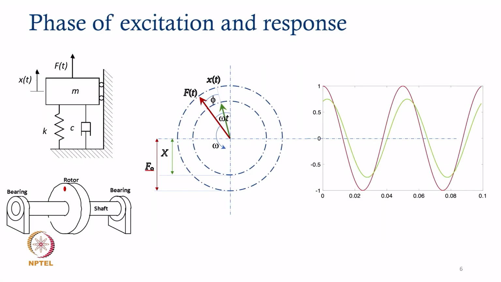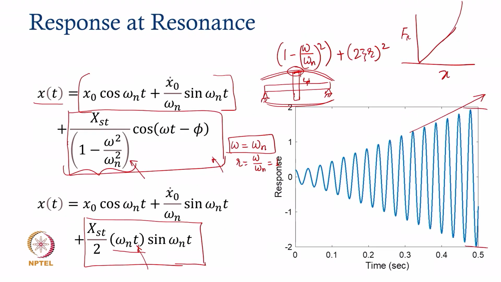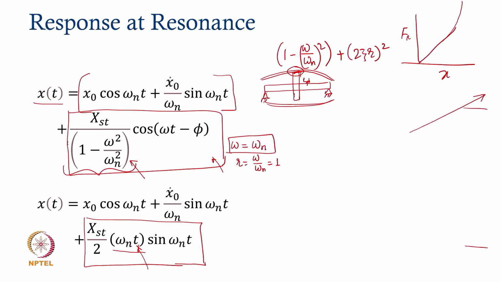Okay. Now, with that let's get back to what we were discussing about the phase between the excitation and response, and the expression phi that we derived, which is tan inverse of, sorry, it was 2 zeta r over 1 minus r square.